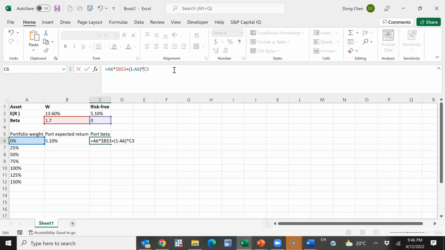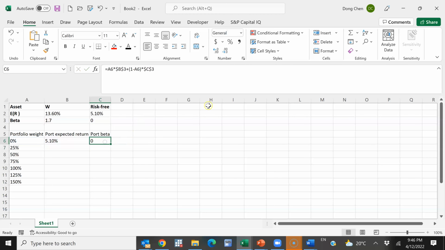So I want to fix the cell value for the beta of the risk-free asset. And following the rounding requirement, I want to keep 3 decimal places. So now I can just choose these 2 cells and drag them to the other portfolio weights.